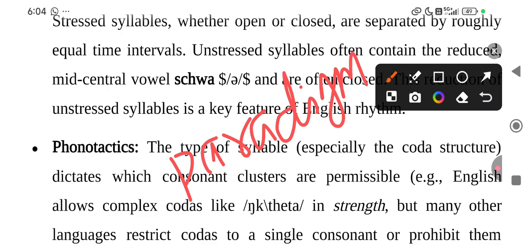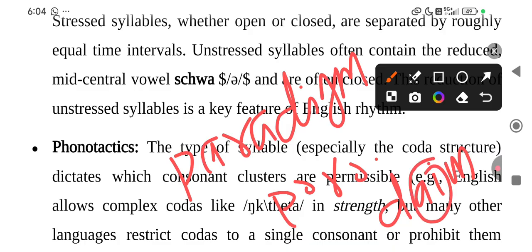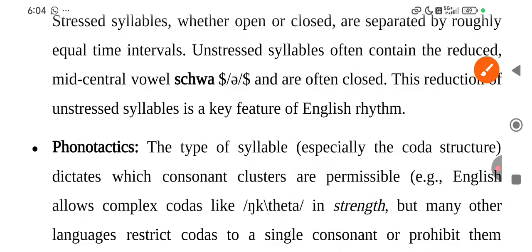Here the stressed syllable is P. This श्वा sound is not pronounced fully, paradigm नहीं है वो, है ना? तो this is an unstressed syllable; कैसे काउंट होते हैं, किसके ऊपर आप स्ट्रेस दे रहे हो.